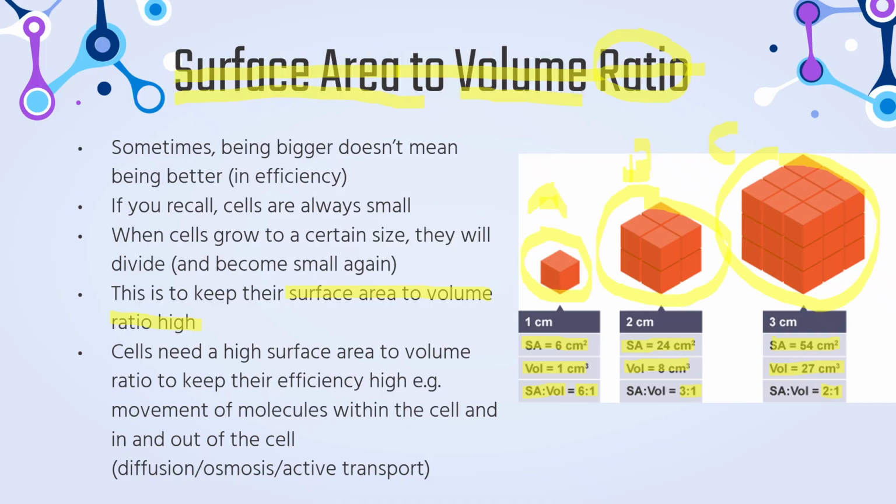By having a high surface area to volume ratio, it is able to keep their efficiency high. And this is what we meant when we talk about surface area to volume ratio. So in a nutshell, you used to learn surface area, but surface area alone doesn't nail it at all. You have to talk about volume as well.